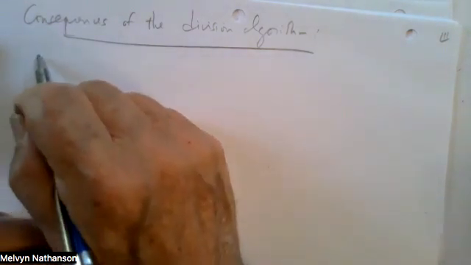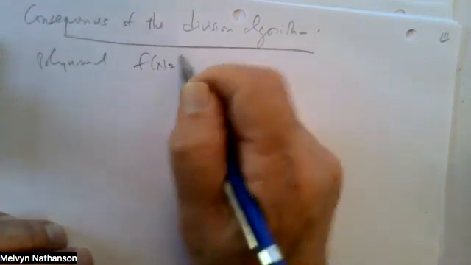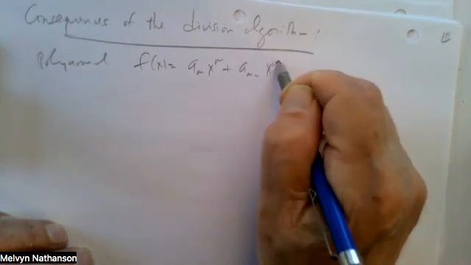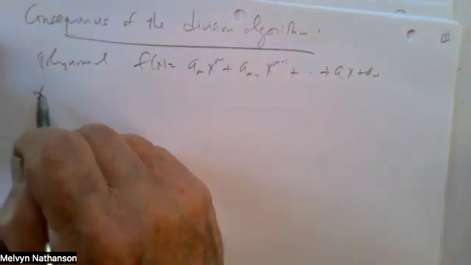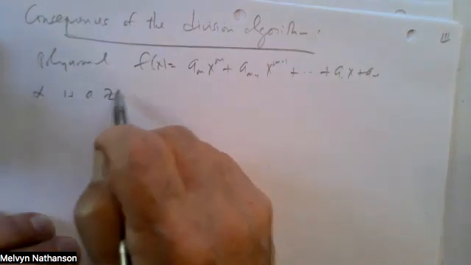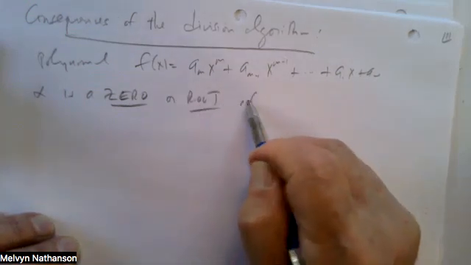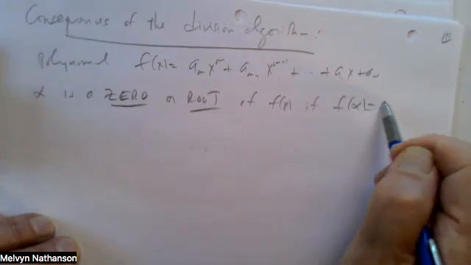So suppose we have a polynomial f of x. You say that alpha is a zero or a root of f of x if, when you evaluate f at alpha, you get zero.